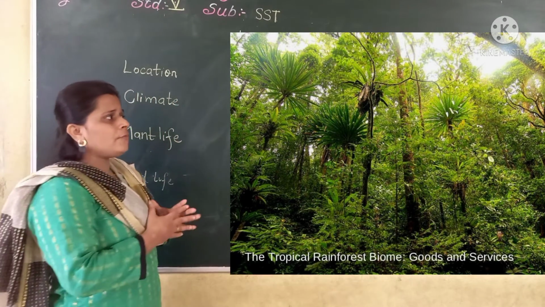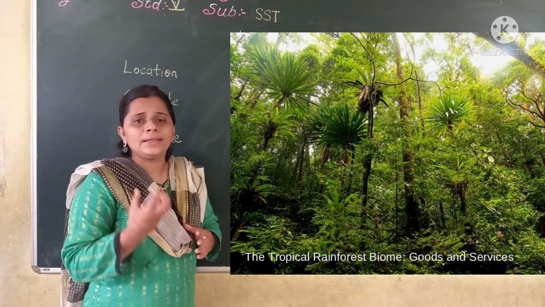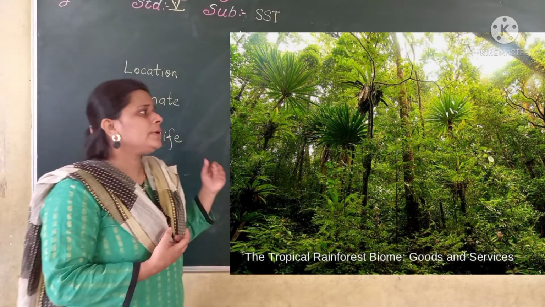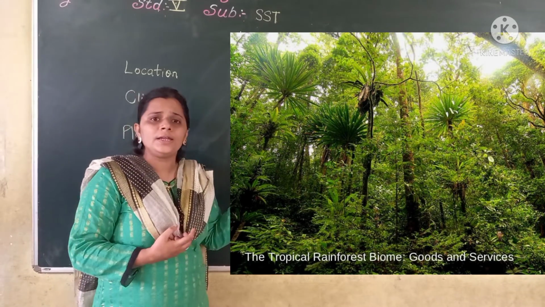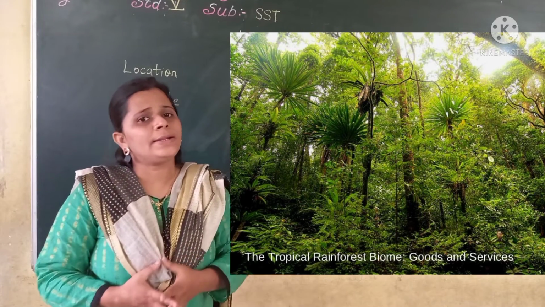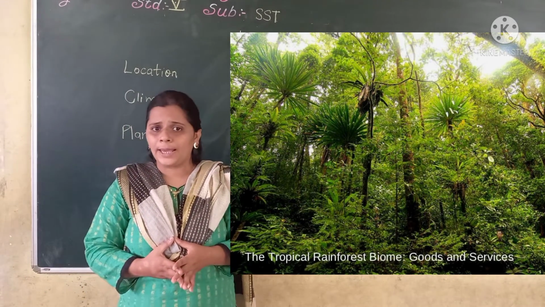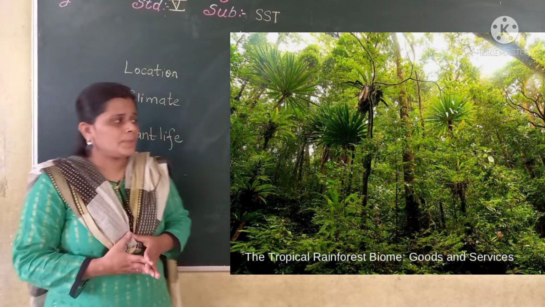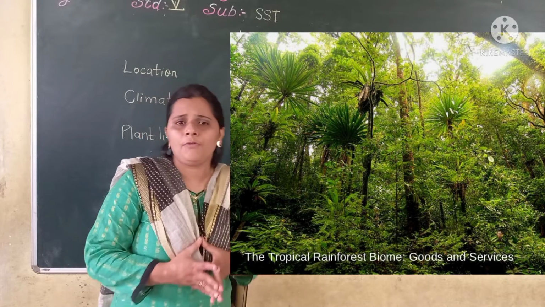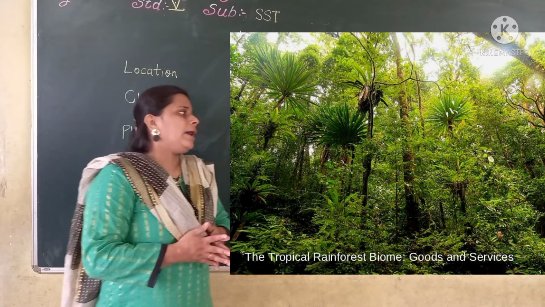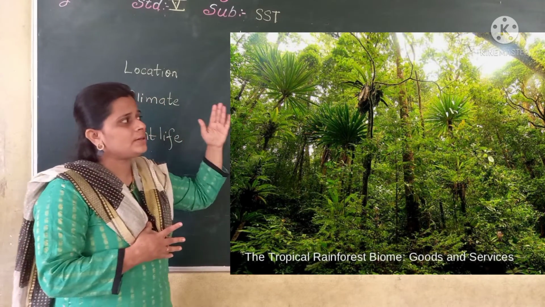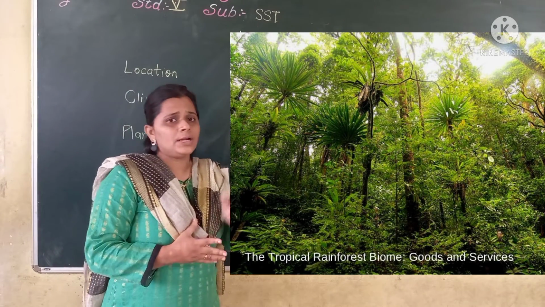Because of rainfall, you will see healthy growth of natural vegetation. The equatorial region is evergreen as the trees remain green and do not shed their leaves at the same time.